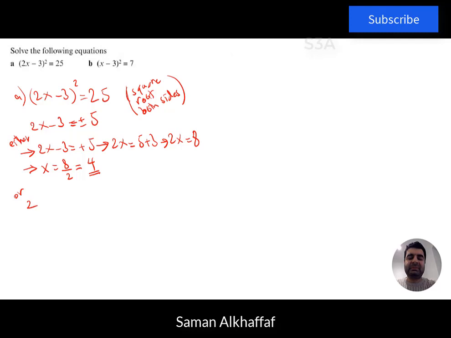Or we have 2x minus 3 equal minus 5, so that will give us 2x equal minus 5 plus 3, so that will give us 2x equal minus 2, so that will give us x equal minus 2 over 2, and that will give us minus 1 as the answer for x. In this scenario we have two values for x, which are 4 and minus 1.